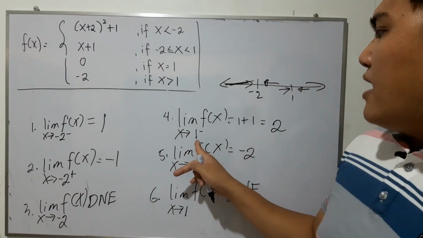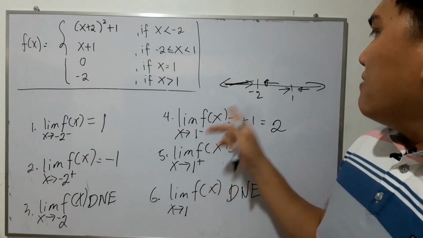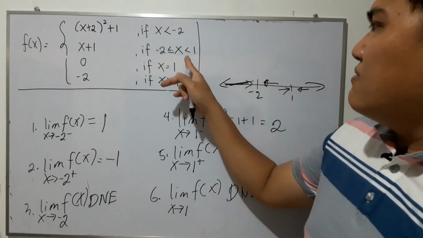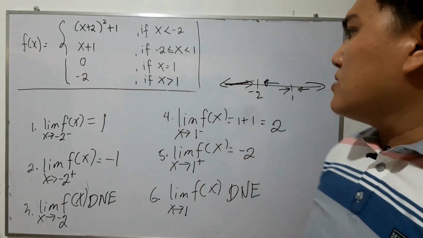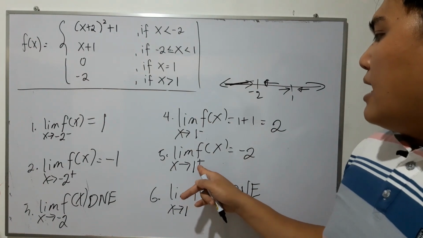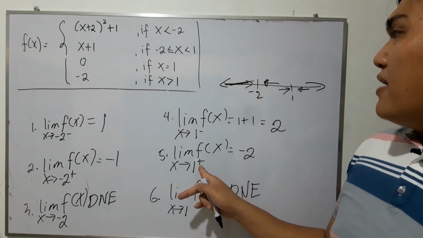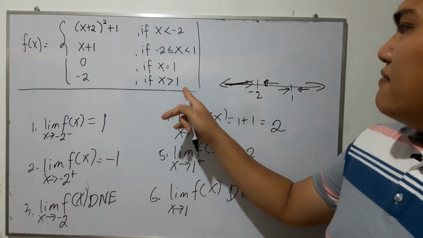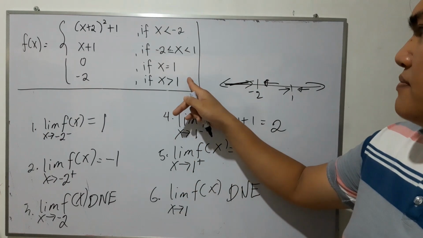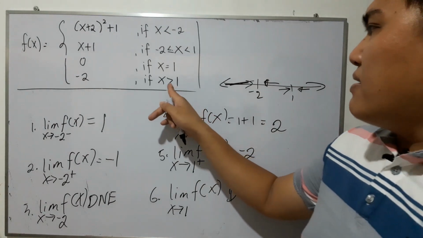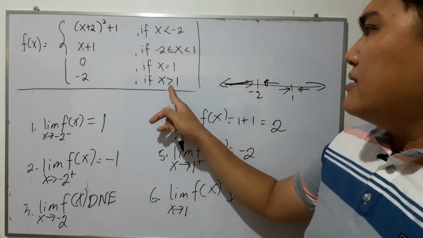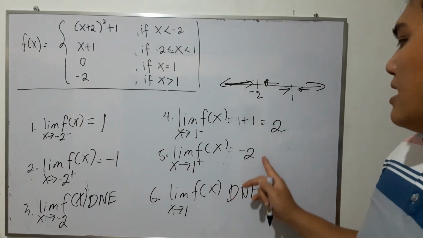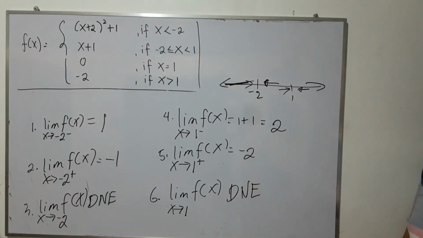From the left of 1 are values less than 1, so substitute here. And if you approach 1 from the right, then you will have this one. The values from the right of 1 are greater than 1. So -2. And they are not the same, so does not exist.